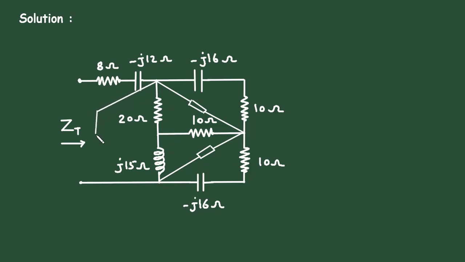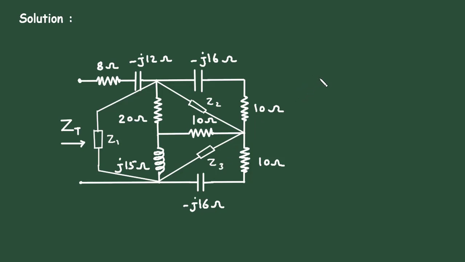The delta network will look like this. Now let's say this is Z1, this is Z2, and this is Z3.